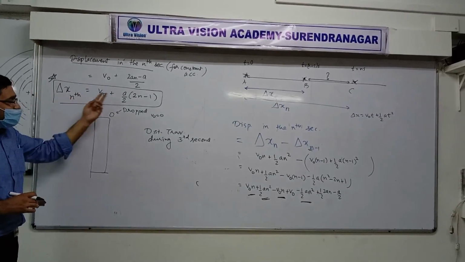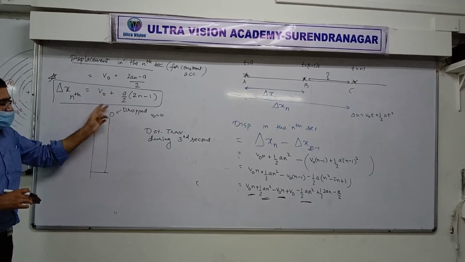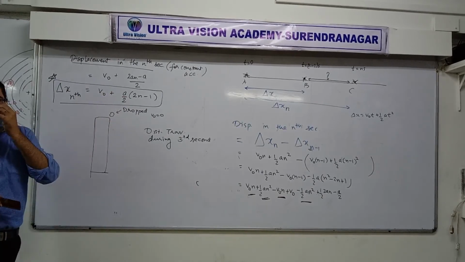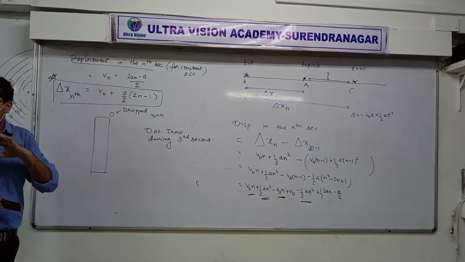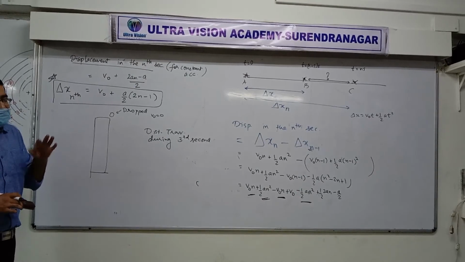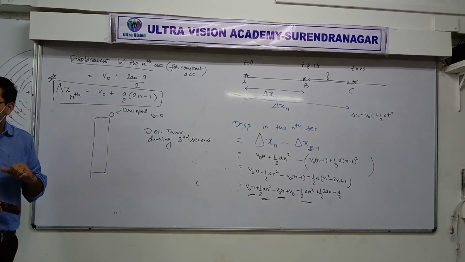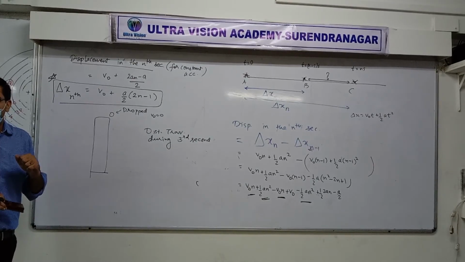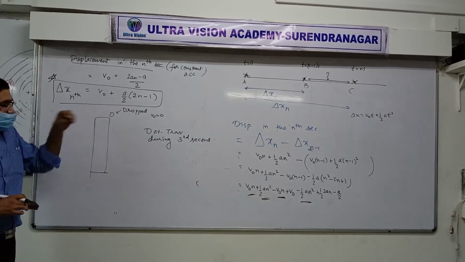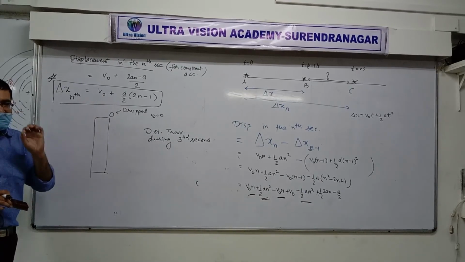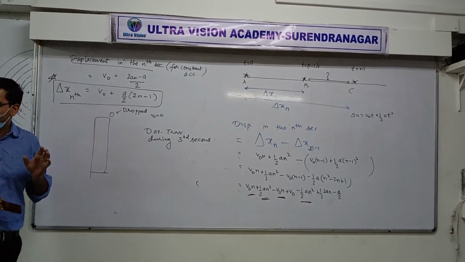This is the formula for displacement. Is displacement the same as distance traveled? No. But sometimes it is. When? When the object is moving in a straight line without changing direction.